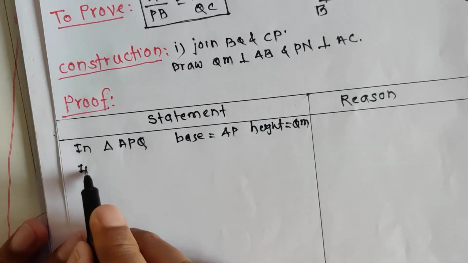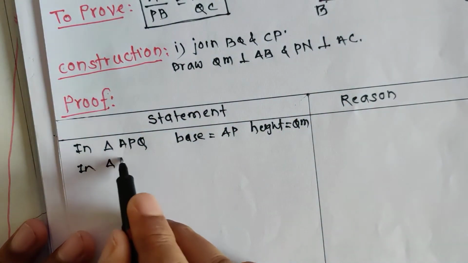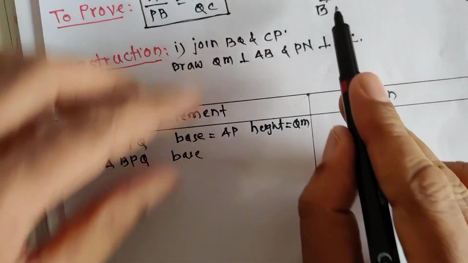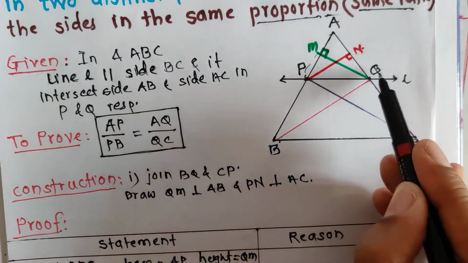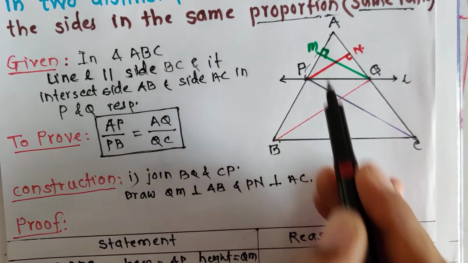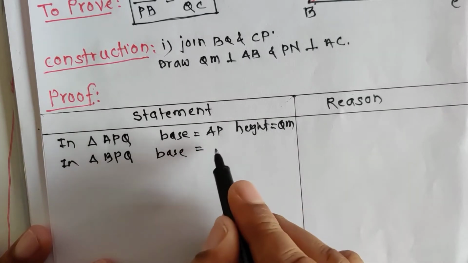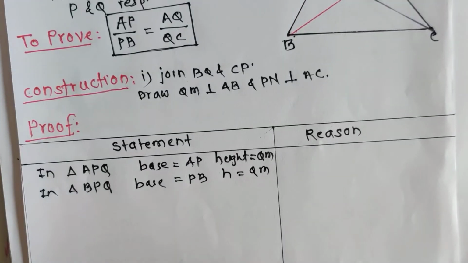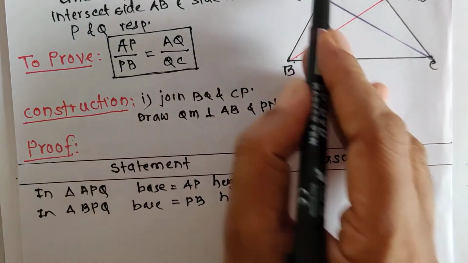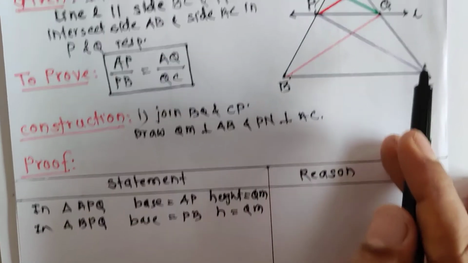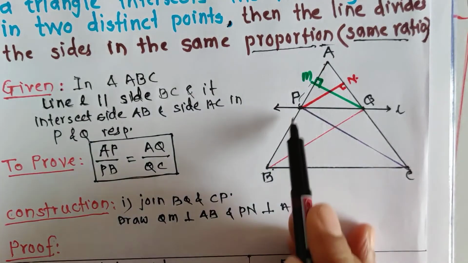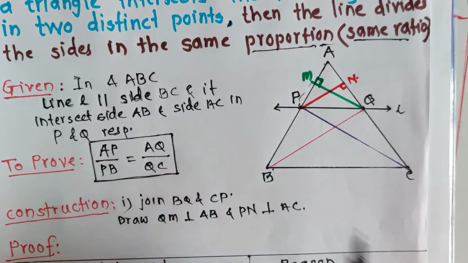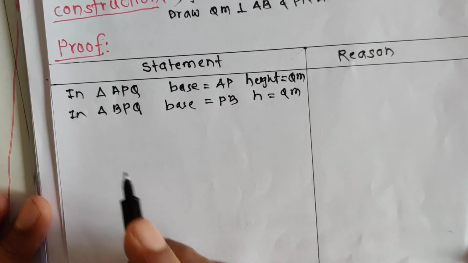Now in triangle BPQ again, if you observe this BPQ, this is the base and QM is the height. So base is PB and height is QM. Now both have the common height, QM, for APQ and BPQ. So the ratio of their areas is equal to the ratio of their corresponding bases, and write the reason: triangles of equal height.